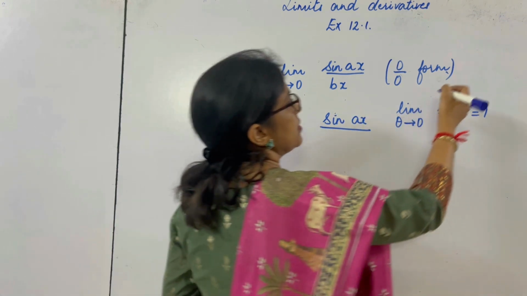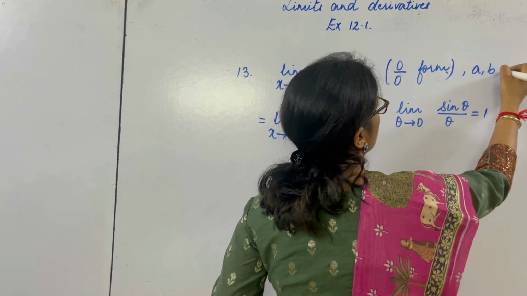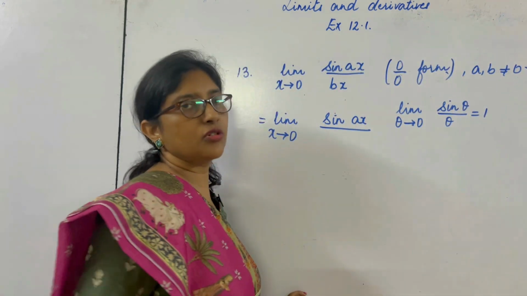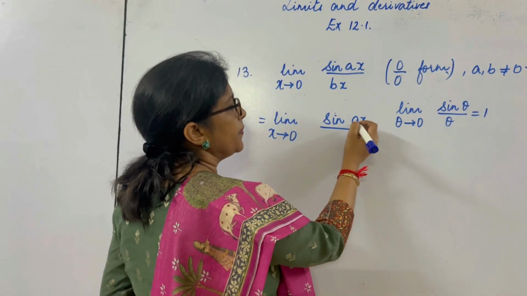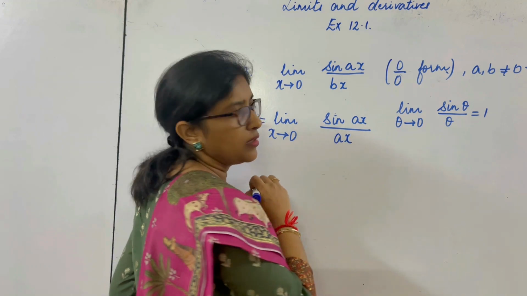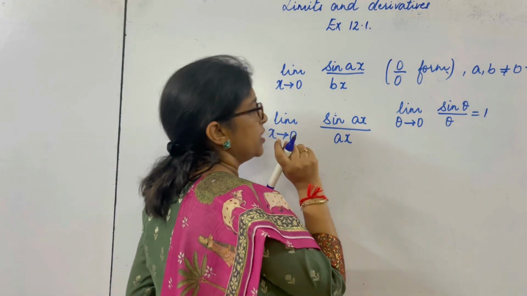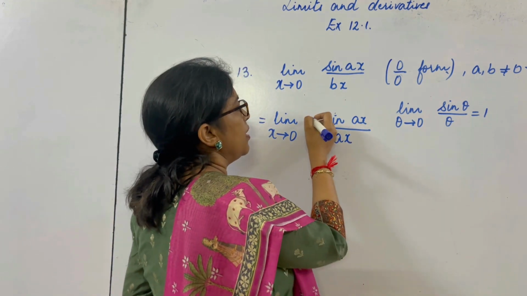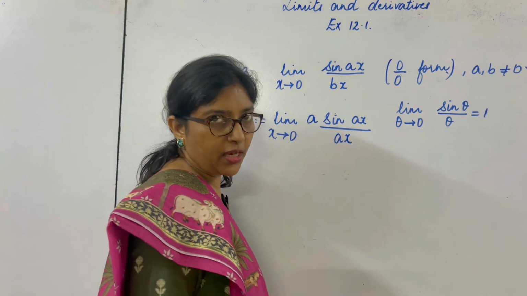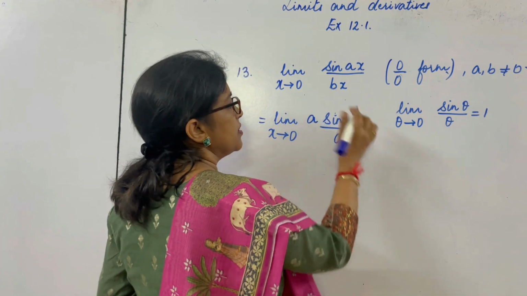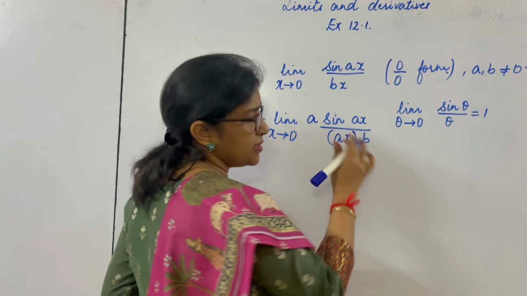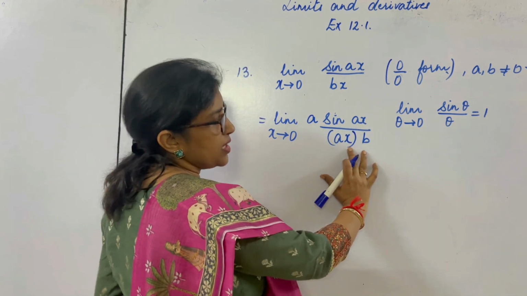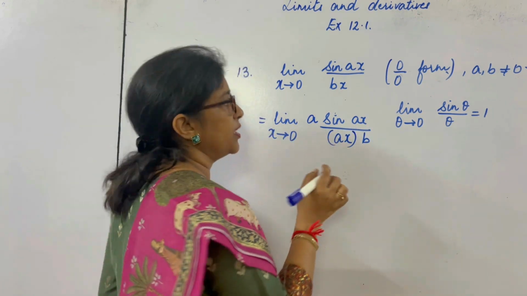Okay, in this case, neither a nor b are 0. They are non-zero terms. Okay, so you want the denominator to be Ax. So, in this case, what we have done is we have multiplied by a and divided by a. But there is also b, let it be there besides. So, it is bx only, we have simply multiplied and divided by a.